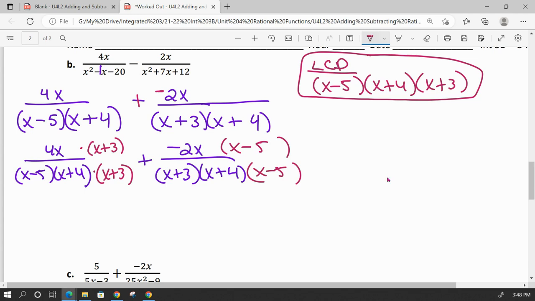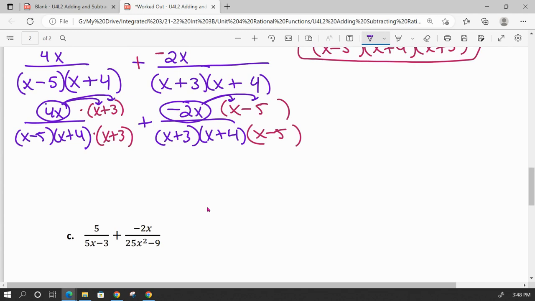All right, so now we have to simplify our numerators. So distribute the 4x to the x plus 3. Distribute the negative 2x to the x minus 5. So 4x times x is 4x squared. 4x times 3 is positive 12x.